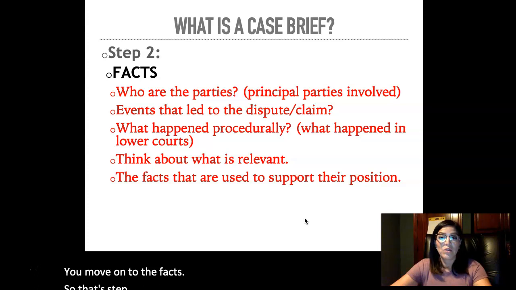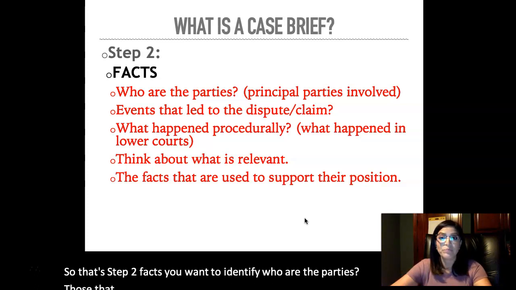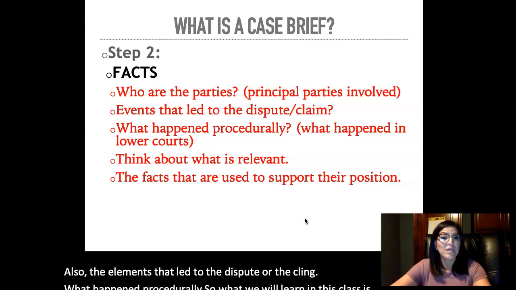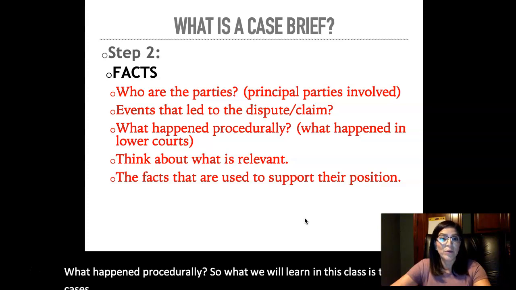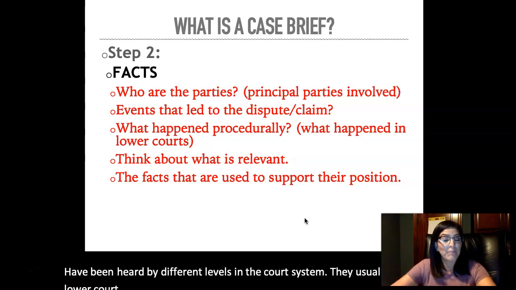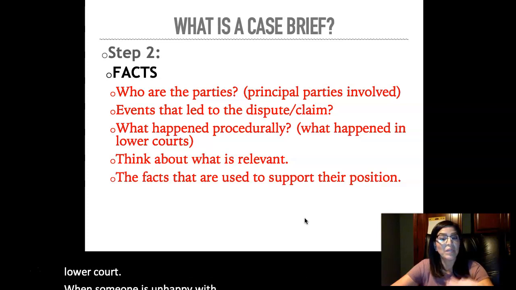You want to identify who are the parties, those that are principally involved. Also, the elements that led to the dispute or the claim. And what happened procedurally. What we will learn in this class is that many cases have been heard by different levels in the court system. They usually start at the lower court. When someone is unhappy with the decision, they appeal it to the Court of Appeals.